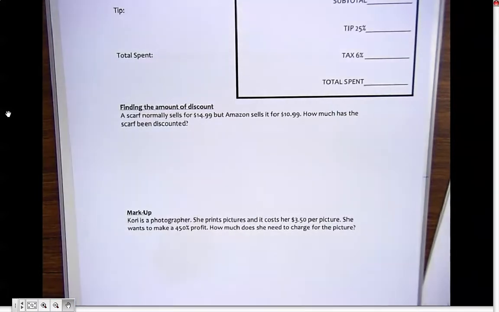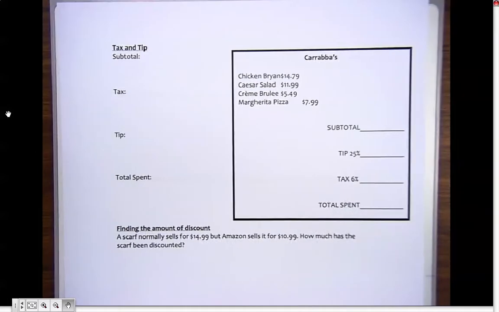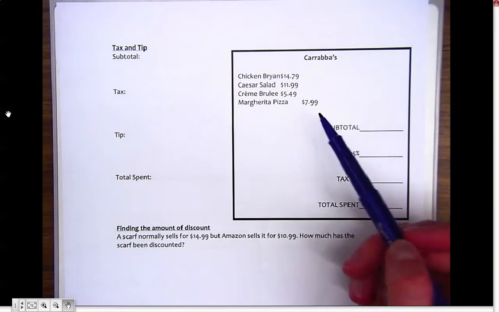So now we're looking at some everyday uses for percent. And that is calculating your tax, your tip, those sorts of everyday necessities. So first thing we need to do is calculate the subtotal for this receipt from Carrabba's.